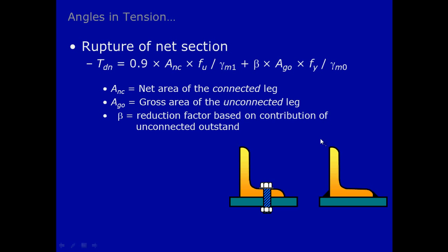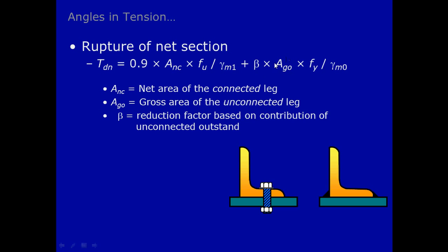In this case, shear lag will generate, and in the Indian Standard Code, the shear lag parameter is represented by this beta. Now, the shear lag will be effective in case of only the outstanding leg, and this is why the shear lag parameter beta is associated with the outstanding leg.